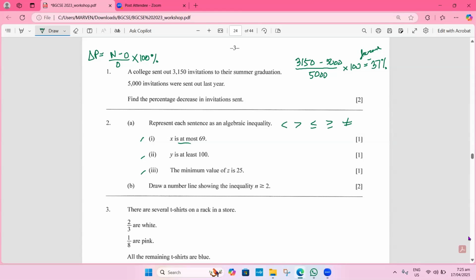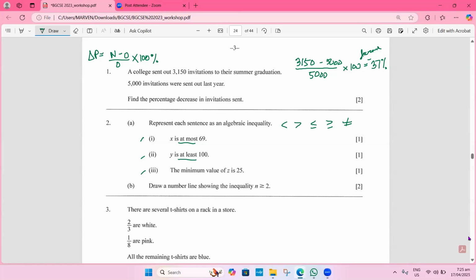Now, these are the phrases or the words that indicate inequalities. At most, at least, we also have less than, as I mentioned, greater than, not equal, minimum, maximum. So those are the terms or the phrases that we can translate as inequality.